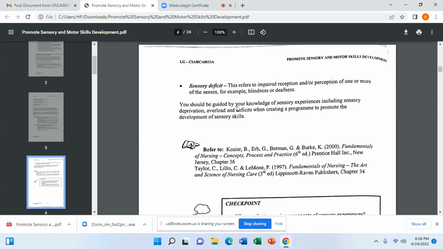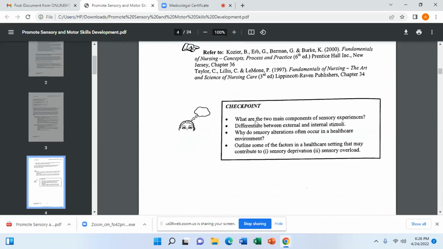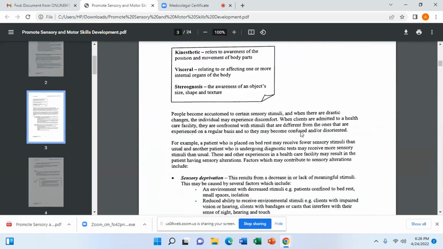You should be guided by your knowledge of sensory experiences, including sensory deprivation, overload, and deficit, when creating a program to promote the development of sensory skills. Right? What are the two main components of sensory experiences? We know already.